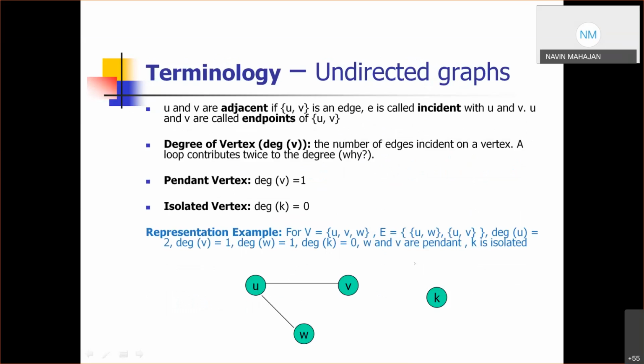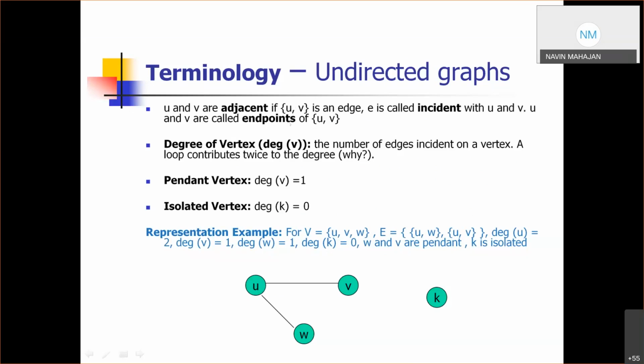Okay, what else do we need? Basics of graphs. Suppose u and v are adjacent. Now what are adjacent vertices? u and v are adjacent if (u, v) is an edge. The edge e is called incident with u and v, and u and v are called endpoints of the edge.